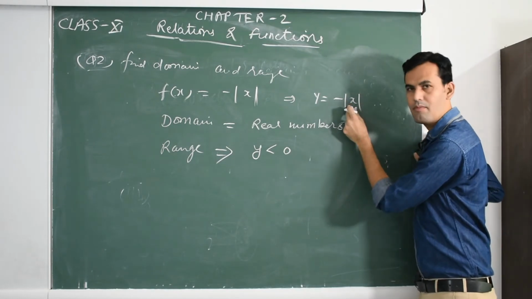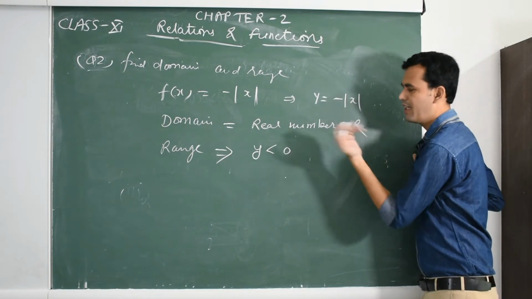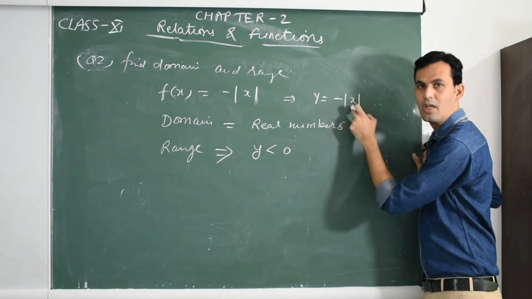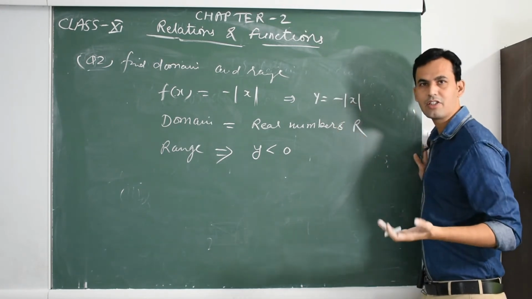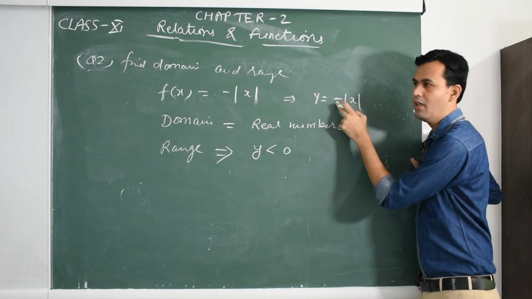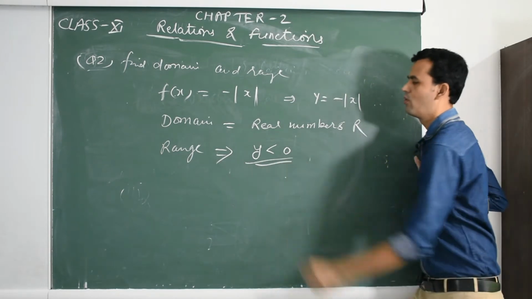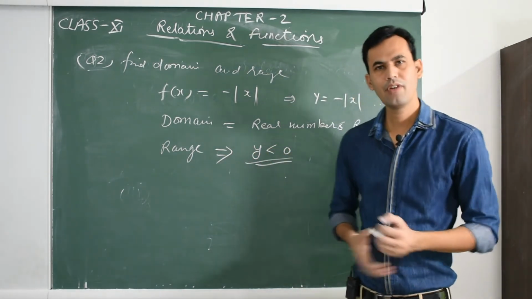If we put 5, we get minus 5. If we put 0, we get 0. And if we put 1 or minus 1, then the modulus function gives 1 as value, and we have minus here. So also the value is minus 1. So any value which is less than or equal to 0 is the range of this function.